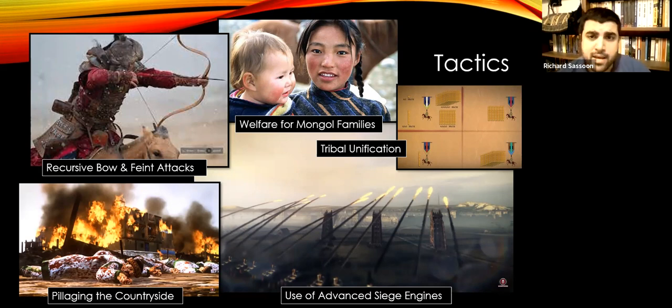This also meant that the number or percentage of Mongols, it's better to say, who could be thrown into the field was significantly higher than in settled societies, where the majority of people did not have military experience and would not make effective soldiers. The second thing that I want to draw attention to is the way that Mongols used their horses to attack. So what they would do is what was called a feint. And a feint is where you move to attack the enemy, then you retreat to draw your enemy to pursue you.